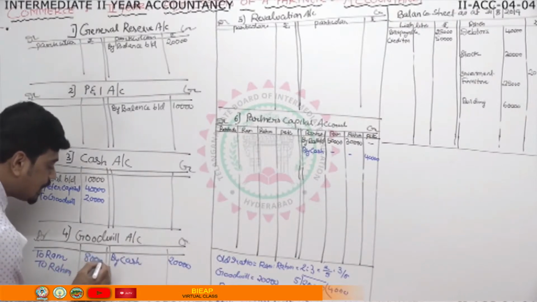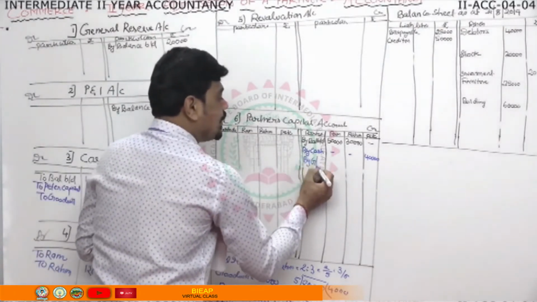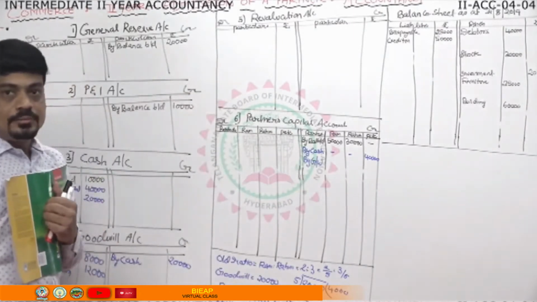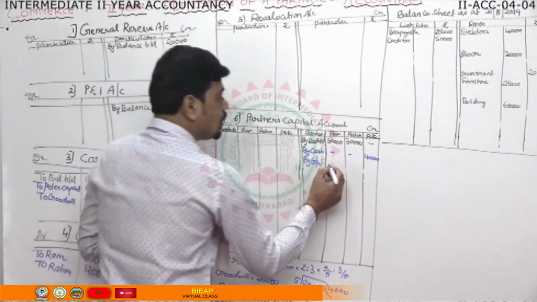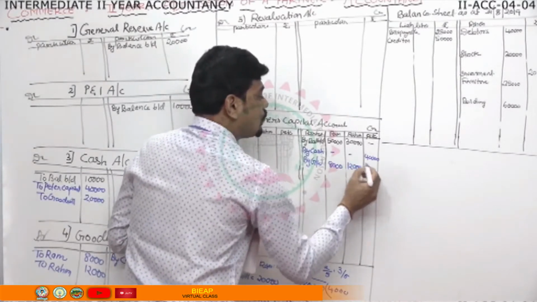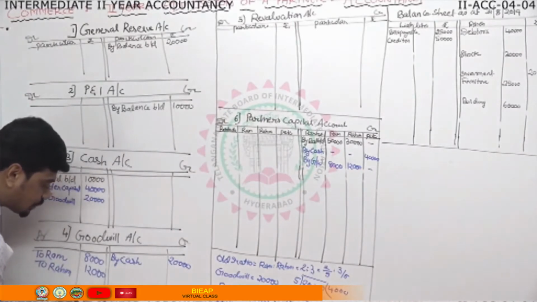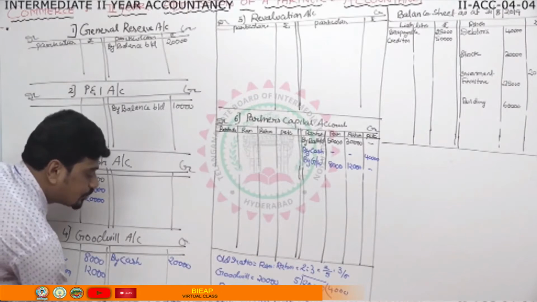Ram got 8,000, Rahim got 12,000. The second effect in the partners' capital, by goodwill: Ram's share is 8,000, here 12,000. Now if you see, automatically your goodwill account is closed. Close it with 20,000 over.